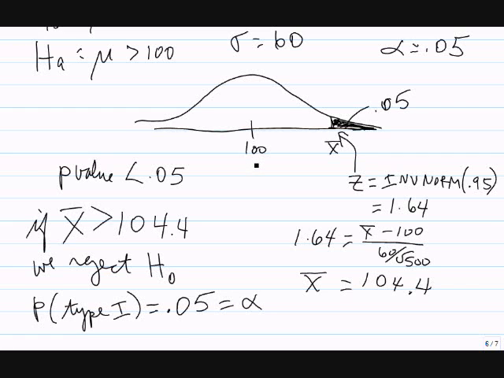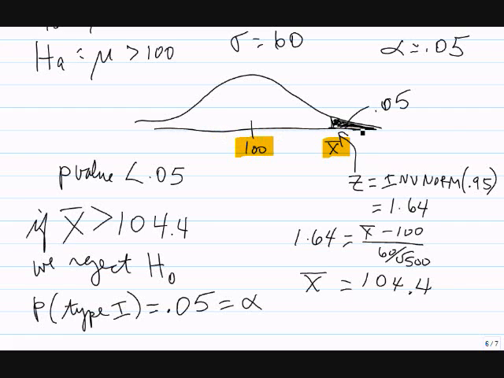Most of the time I'm going to reject the null hypothesis, and let's remember why we reject the null hypothesis. I got a mean so far away from this 100 that I don't think this was the true distribution. I don't think the distribution was really centered at 100 because I get this mean very rarely.